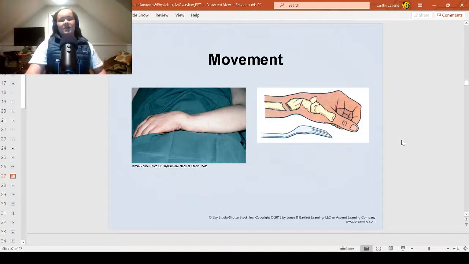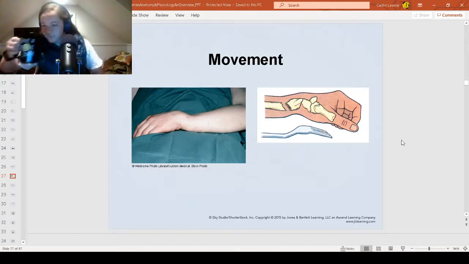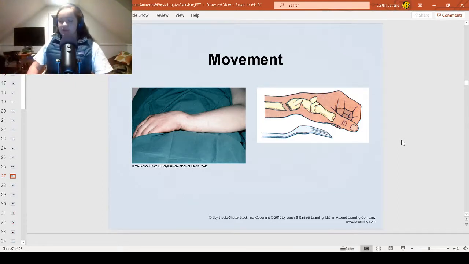Right here in the diagram, it shows a fork and how the mechanism of injury is possibly correlated to the breakage. You can use all of these different tools to help guide you into diagnosing, with the correct medicines and the correct treatment.